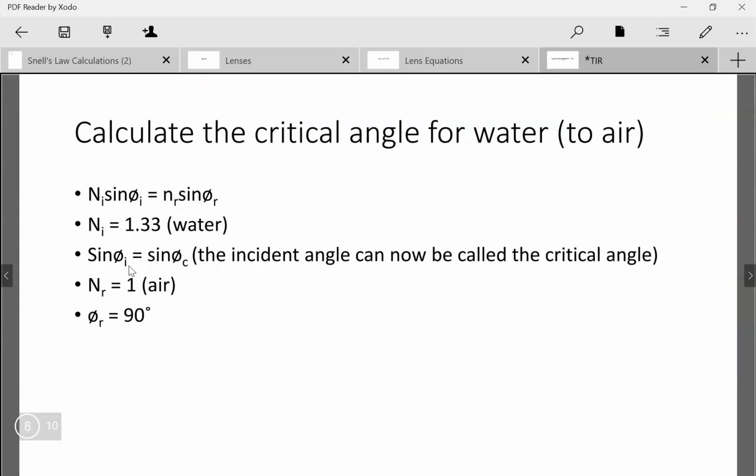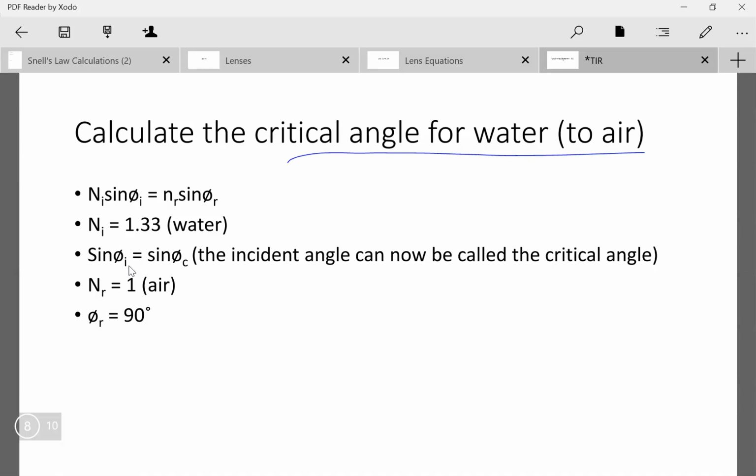Okay, calculate the critical angle from water to air. Right, so here, again, we're using Snell's law. Ni sine theta I equals Nr sine theta R. So, again, for water to air, the incident medium is water, because you're going from a denser medium to a rarer medium.